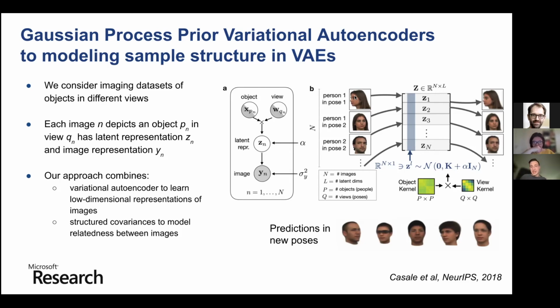As one example application, we consider images of people's faces in different poses, and we can break down the correlation between images into correlation between people and correlation between views, between poses, and use this model for doing out-of-sample predictions. We did something that is not necessarily possible using an IID model, such as a variational autoencoder.